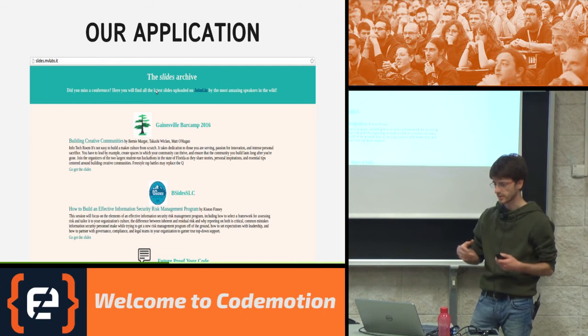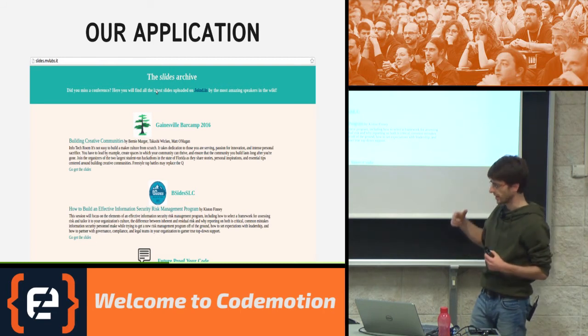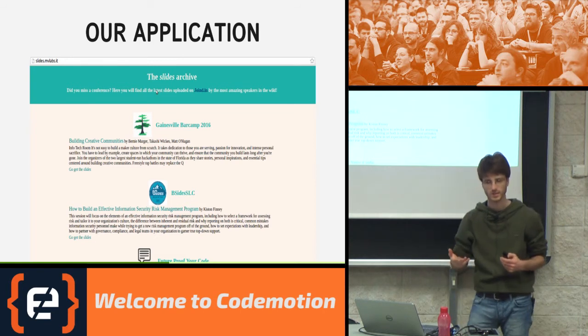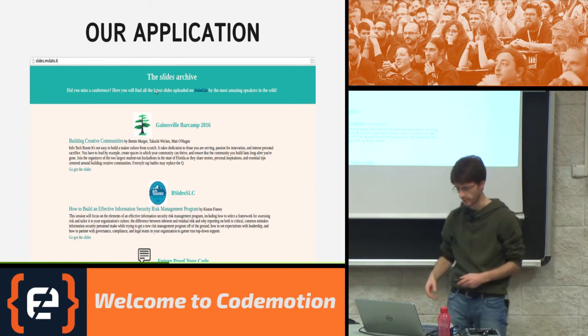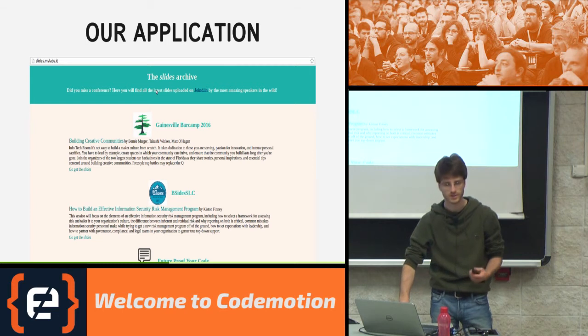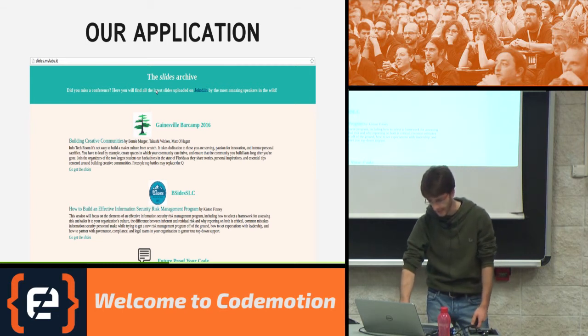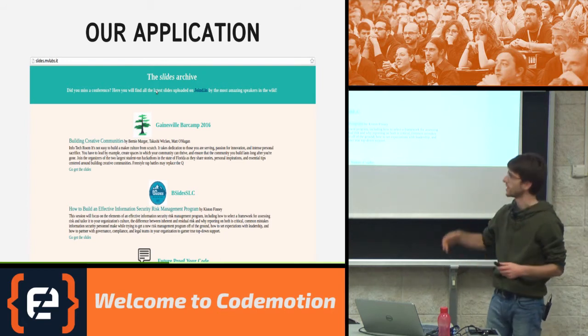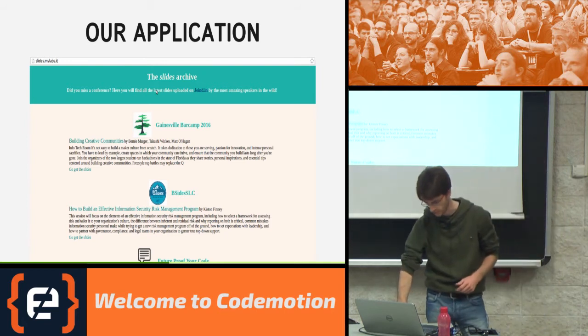So I was interested in having a list of the talks with slides, because I like to download and read slides of conference talks. And I just use the Joind.in APIs to get this data and show it on a single page. So not a complicated application.